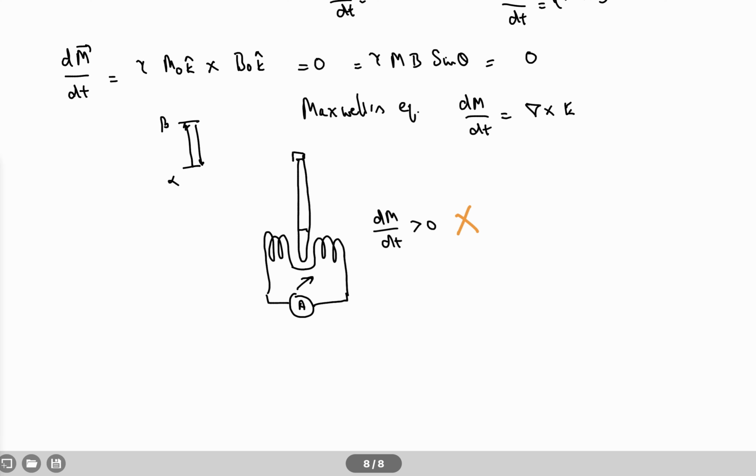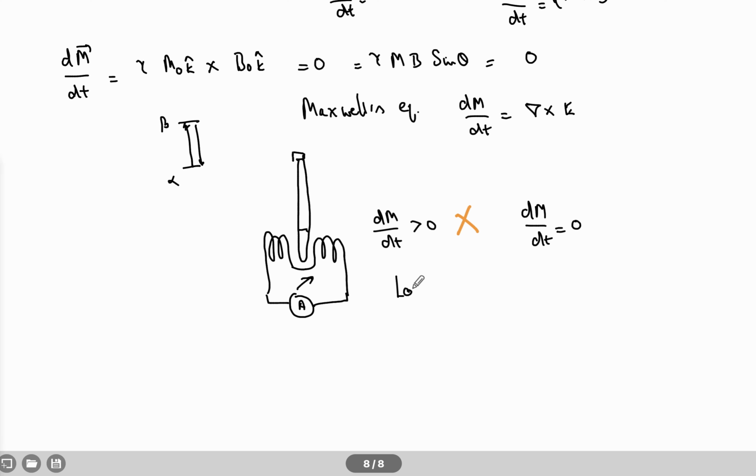What we have is dM by dt equal to 0. That means whatever longitudinal magnetization is generated at thermal equilibrium cannot be detected by this coil, because it can only detect a changing magnetic field, not a static magnetic moment, okay?